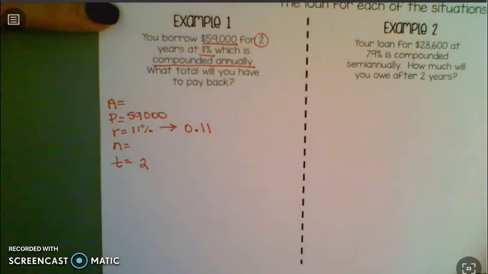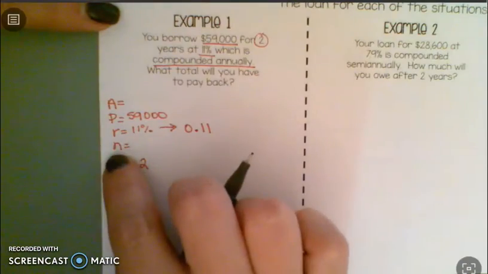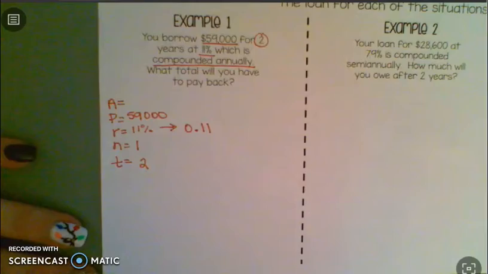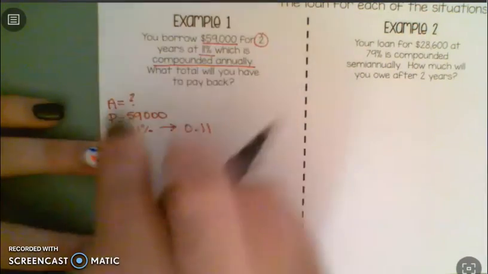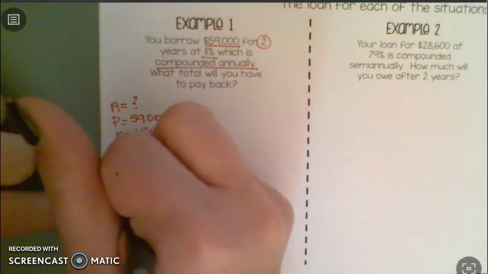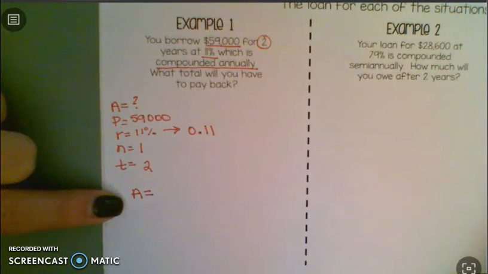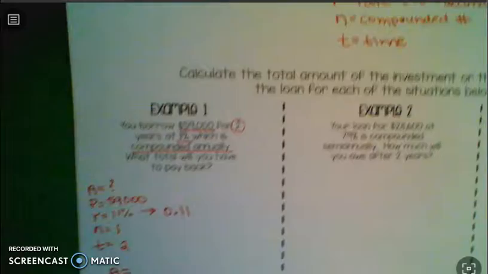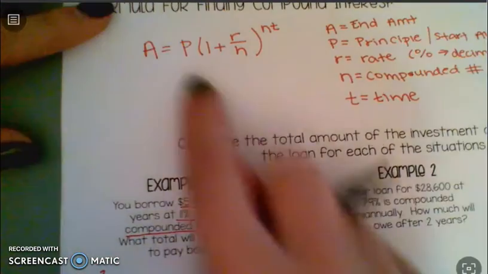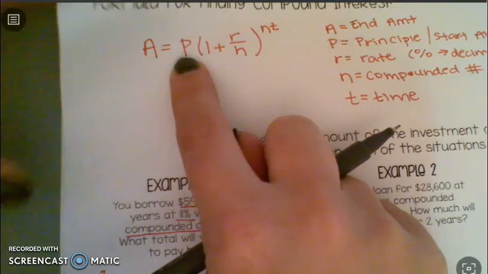And then it says compounded annually, which means we're going to have an N right here, and annually is going to be 1. And what total will you have to pay back? That's what we're looking for, A. So A is going to equal, if I can zoom out a little bit. Nope, too far up. That's okay. So we're using this formula. So we're going to do P first.